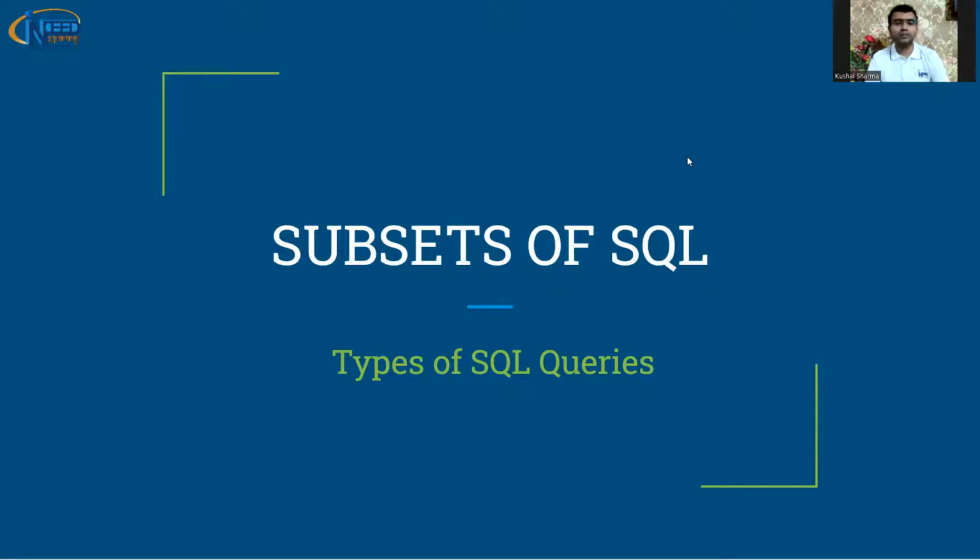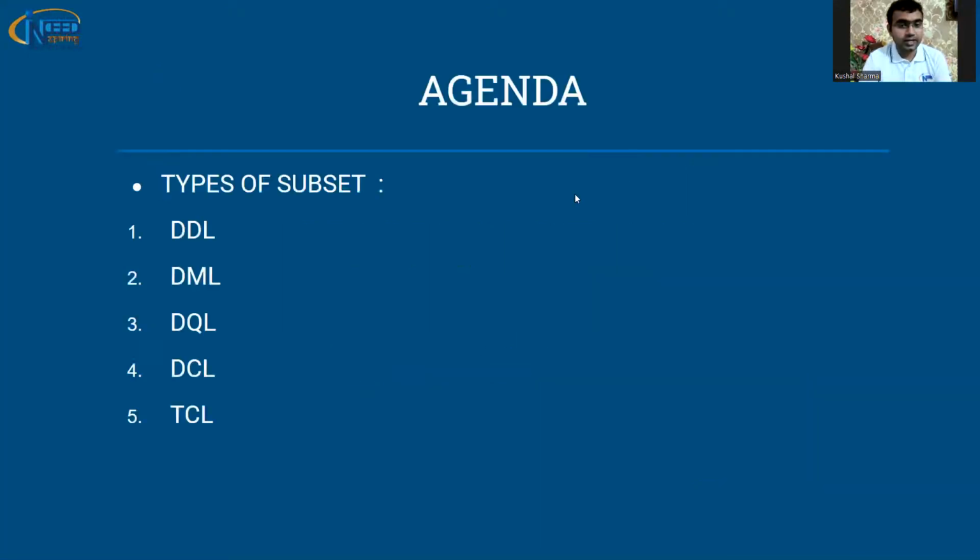Let us start with subsets of SQL. This means that we are discussing types of SQL queries. Now, here we have the first type as DDL, that is data definition language. The second type is DML, that is data manipulation language. The third type is DQL, that is data query language.